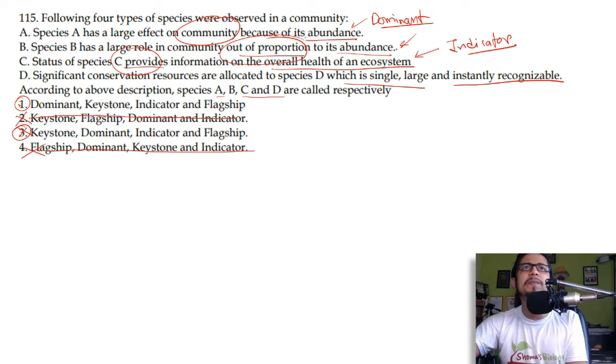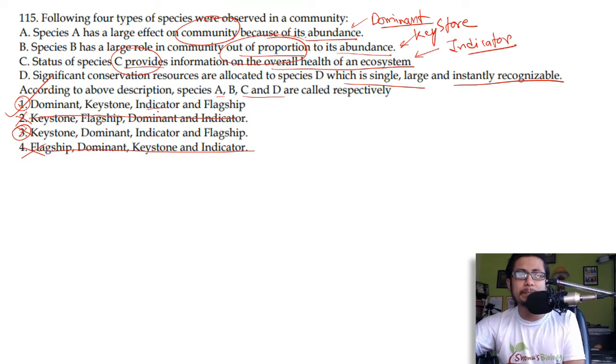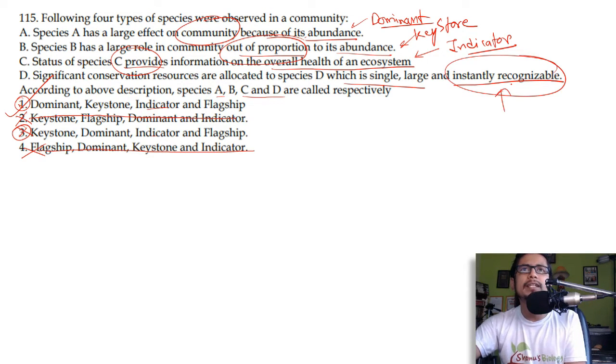But the first species, which has a large effect on the community only because of its abundance, is a dominant species. Any dominant species has that impact. But a keystone species has an impact out of proportion to its abundance. So B is keystone, and the only option with B keystone and C indicator is the first one.